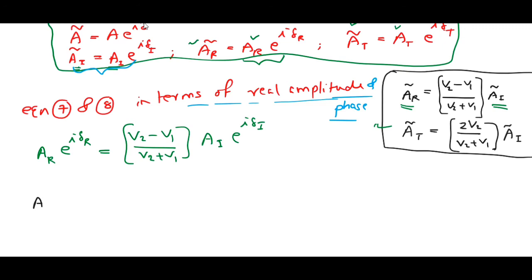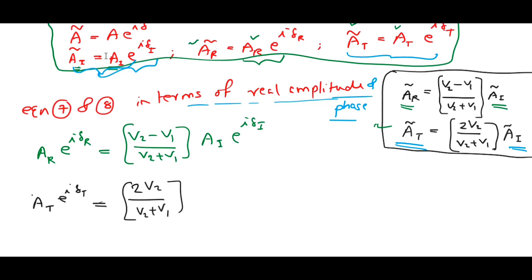Next we have to write the complex transmitted amplitude in terms of the real amplitude. For this we have to do the replacement for both AT and AI using these expressions. AT e^(i delta T) is equal to 2V2 by V2 plus V1 into AI e^(i delta I).